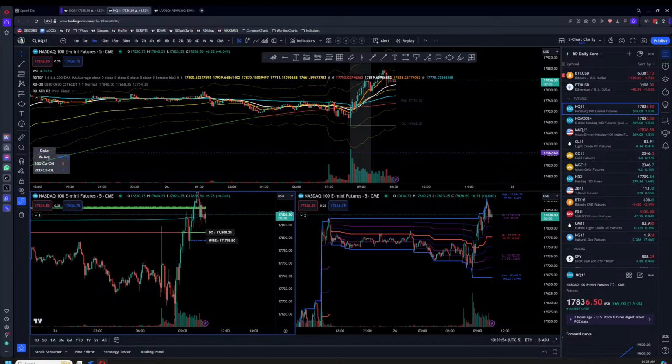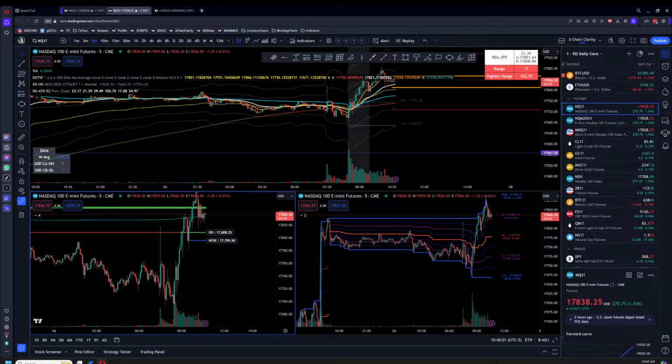Oh, there, it's going to try to close above the RDA. Is it going to do it? Oh, it might actually do it. Whatever. I really don't care right now.